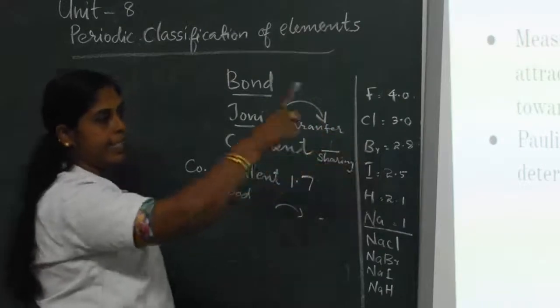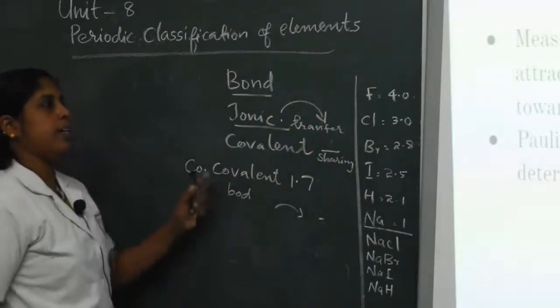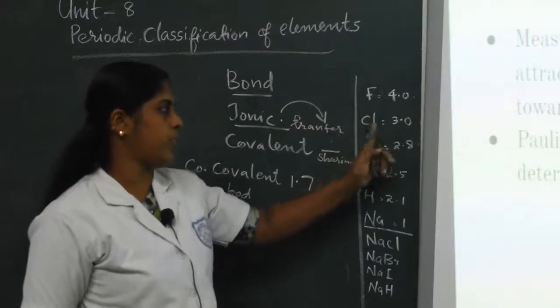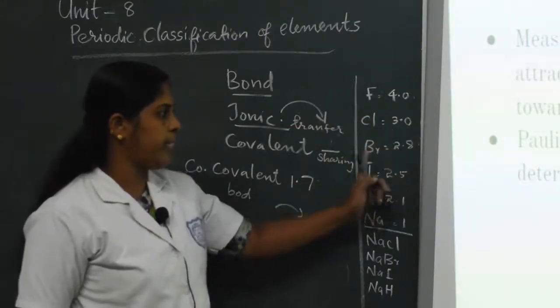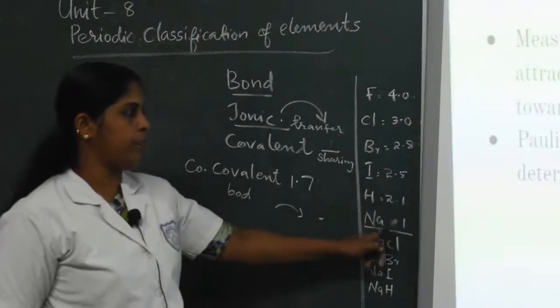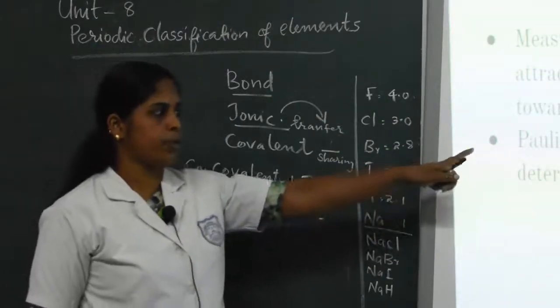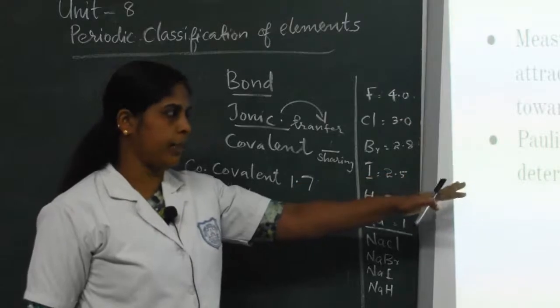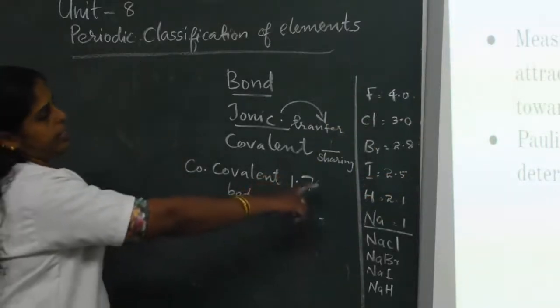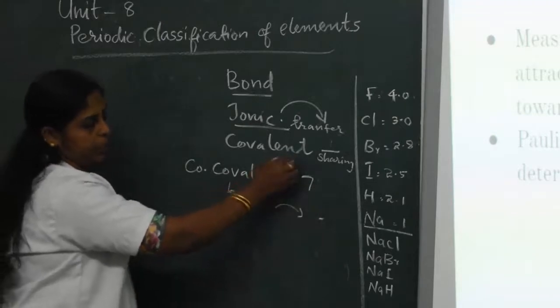Electronegativity decides the nature of bond forming. Electronegativity of fluorine is 4, chlorine 3.0, bromine 2.8, iodine 2.5, hydrogen 2.1, sodium 1. Pauling scale is used to determine it, and by using it we can find the nature of the bond.